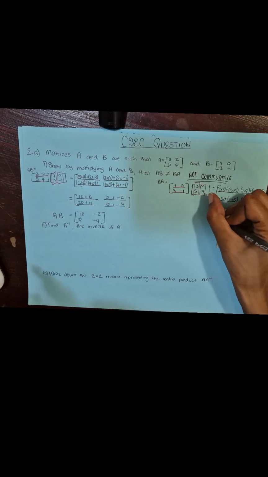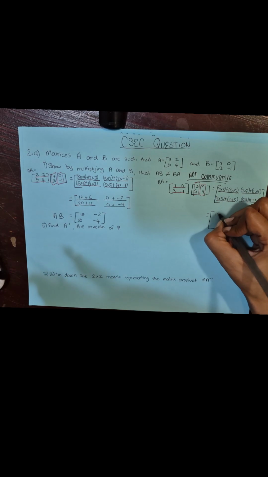And then we can do 12 plus 0, 9 plus negative 5, 8 plus 0, 6 plus negative 4.